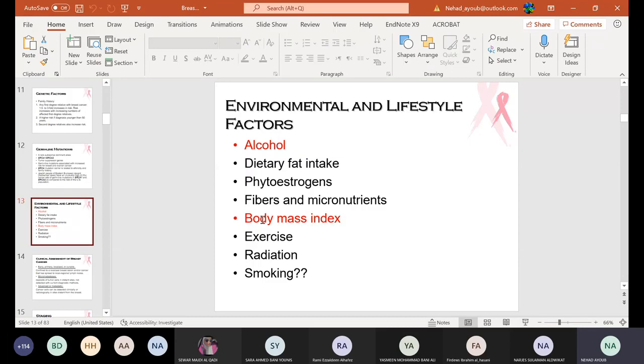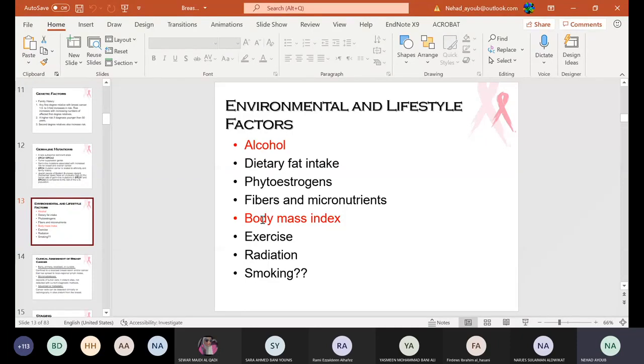And by the way, if you Google obesity and cancer, it is proven that obesity is associated with about 12 different types of epithelial tumors: endometrial cancers, urinary bladder cancers, colorectal cancers, ovarian cancer, esophageal, many cancers.